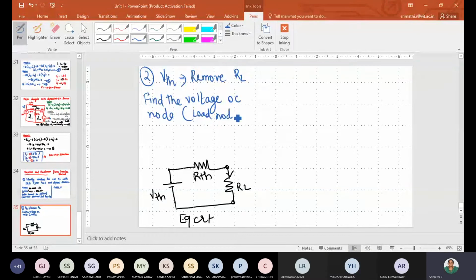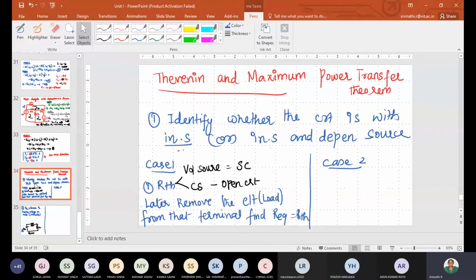That voltage is said to be the open circuit voltage or Thevenin's voltage. This is the procedure for a circuit with only independent sources.